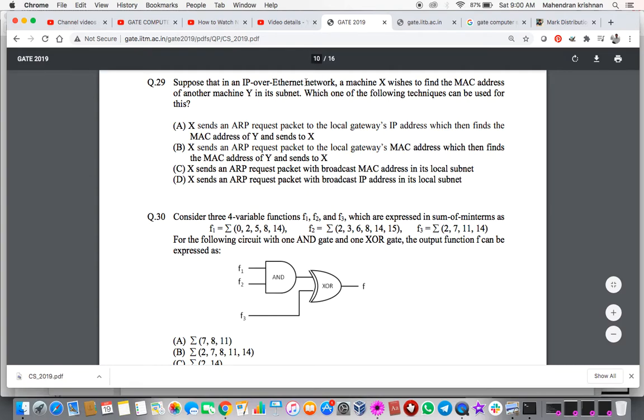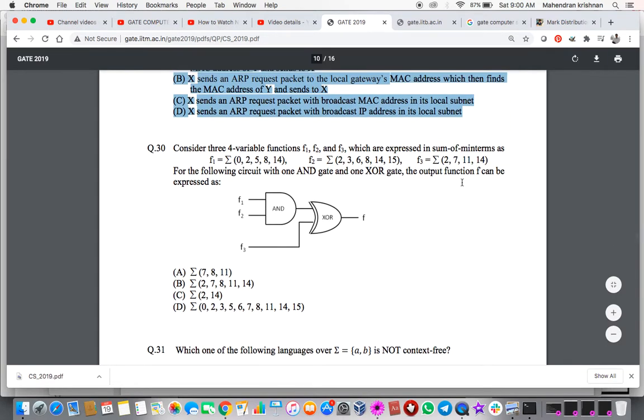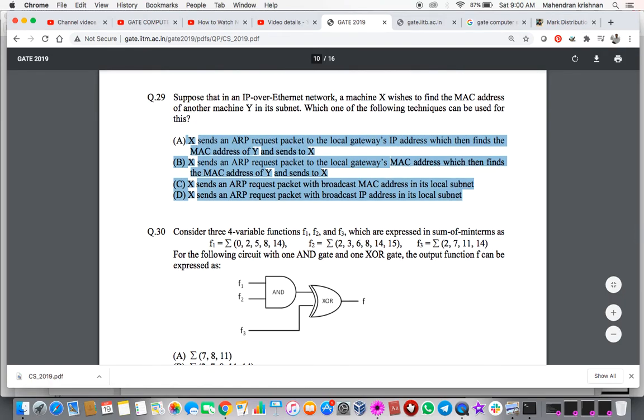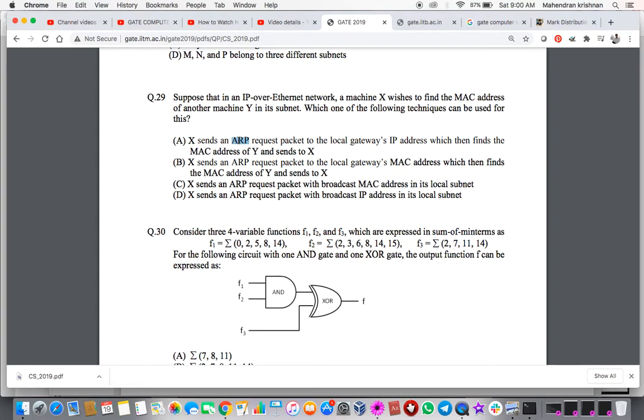ARP, what is ARP, how it works, we should know. And for this particular scenario, how the sequence would work. This is an application of our concept: we need to know how ARP works and apply that concept here.